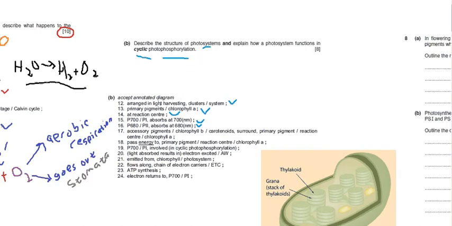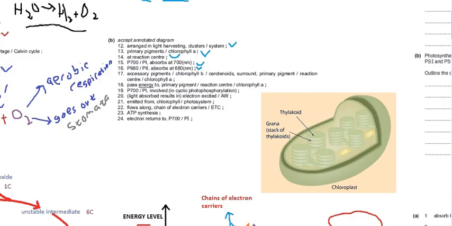There is an arrangement of pigments, with the primary pigments inside, which is chlorophyll A, and the accessory pigments outside surrounding this, which are chlorophyll B and carotenoids.